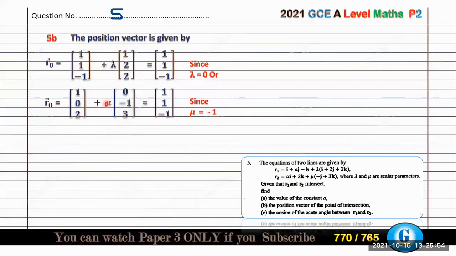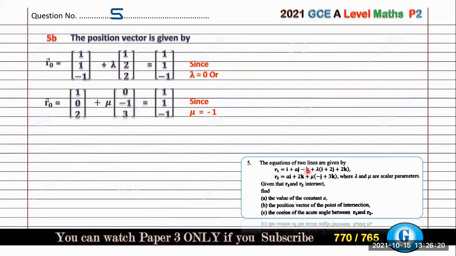Now find the cosine of the acute angle between r1 and r2. For the cosine of this acute angle, we need to find the magnitude or modulus of each of the direction vectors. Note that when you're finding the cosine of the acute angle, you use the direction vectors.